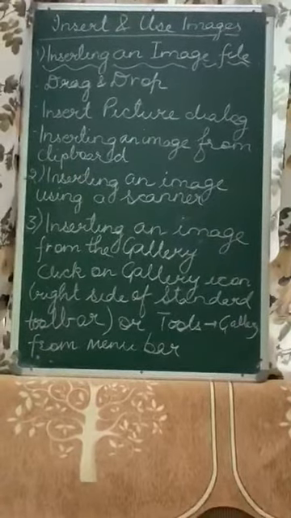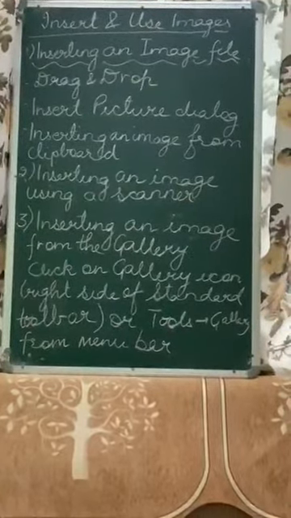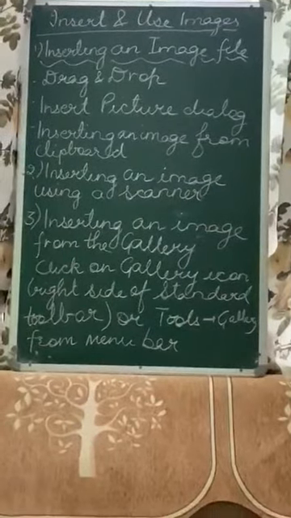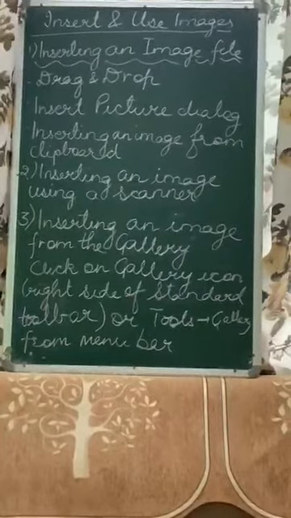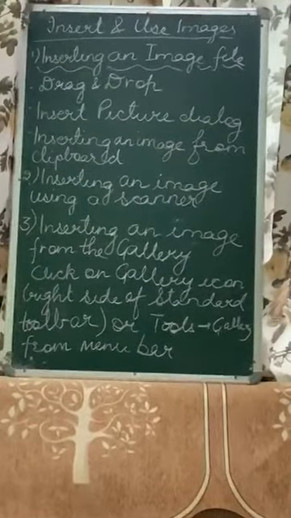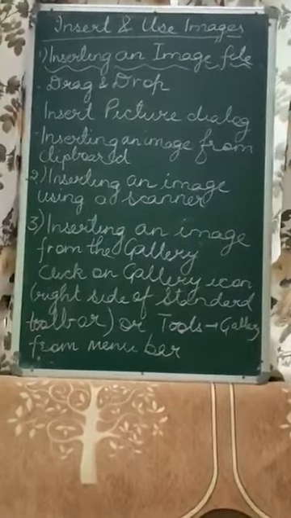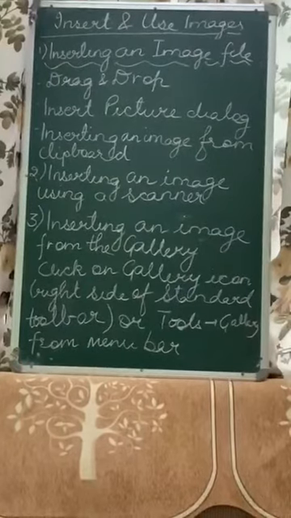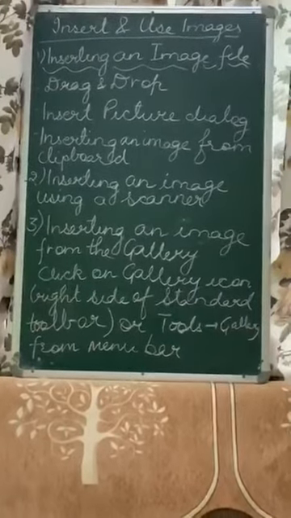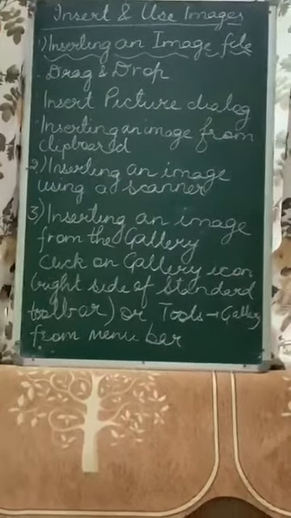Then, in order to expand the gallery without affecting the workspace, hold down the Control key and double click on the upper part of the gallery. It will cover the entire space. That means your gallery will be hidden.